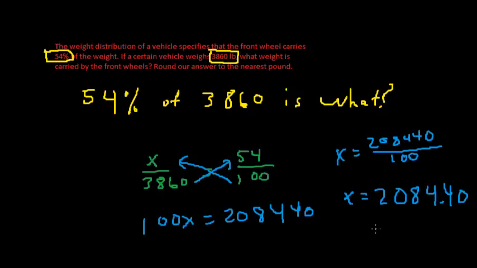If we're rounding this to the nearest pound, our nearest pound is right here in the ones place. I take a look at the number to the right. The 4 tells me to round down, so x equals 2,084 pounds. So this then is the weight that can be carried by the front wheels. 54% of 3,860 pounds is about 2,084 pounds.